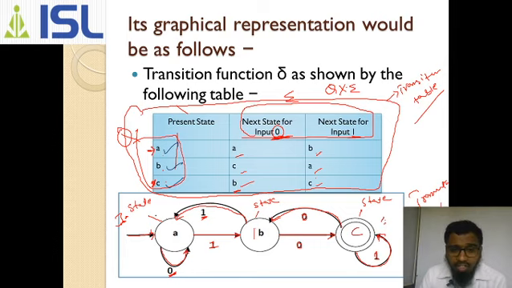This is a normal state, and this is a final state, with the double circle. So the graphical representation is like this. With the help of the transition table we can make the graph, and with the help of the transition graph we can make the transition table. It is vice versa.